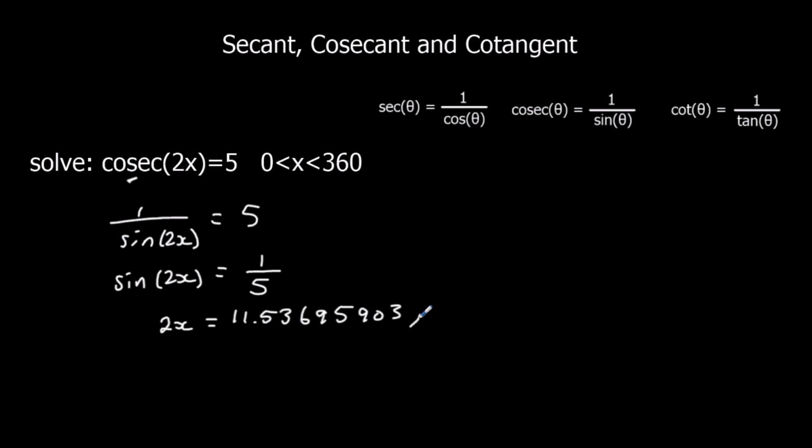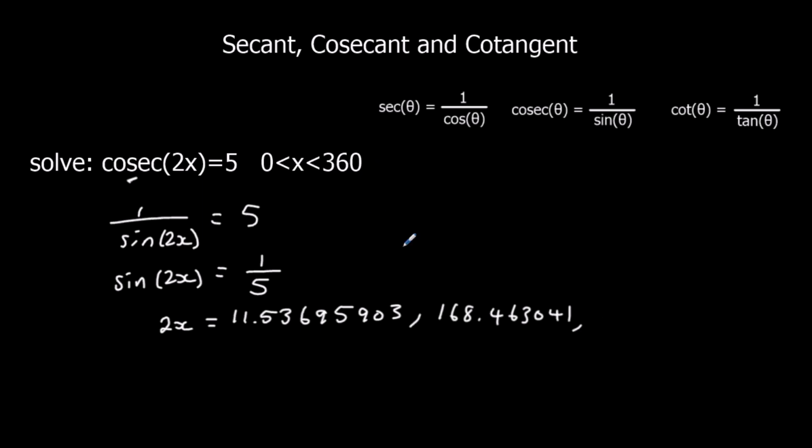To get the second answer, we're going to do 180 minus the answer because it's sine. So 180 minus the answer, so 168.463041. And we want 2 lots of answers because we're going to have to half them.